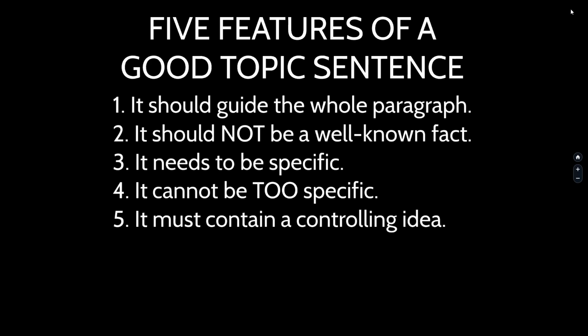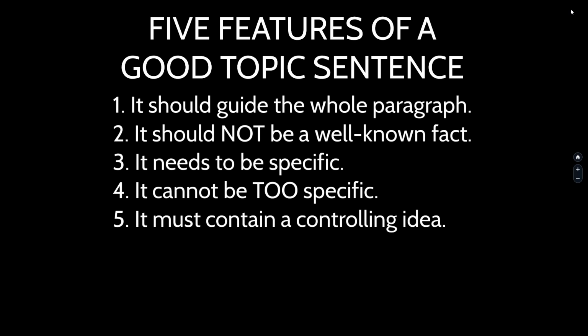So, the 5 features of a good topic sentence. It should guide the whole paragraph. It should not be a well-known fact. It needs to be specific, but it can't be too specific. It needs to be a paragraph-sized topic. If it's too specific, it may just need to be a sentence in a paragraph.